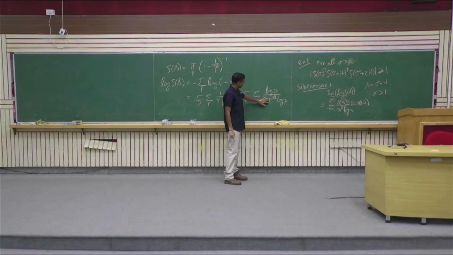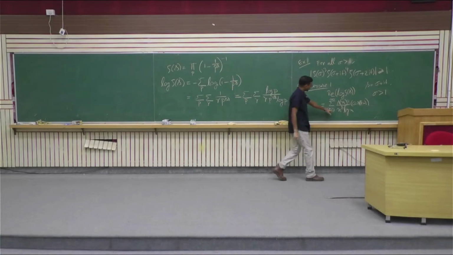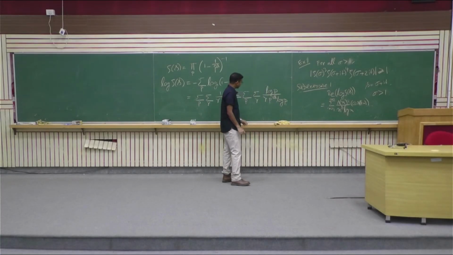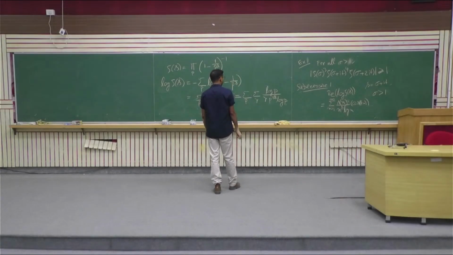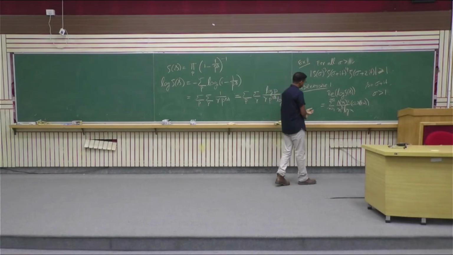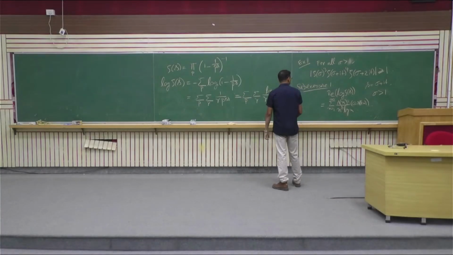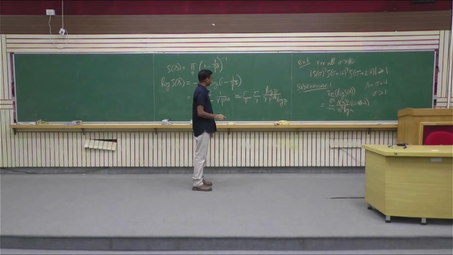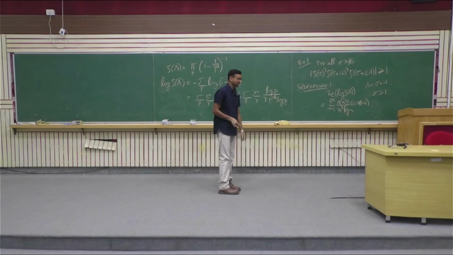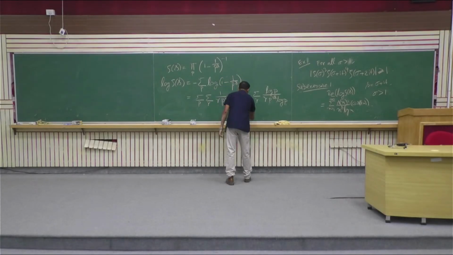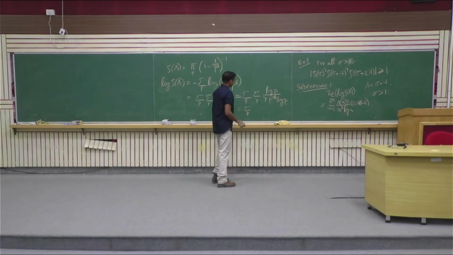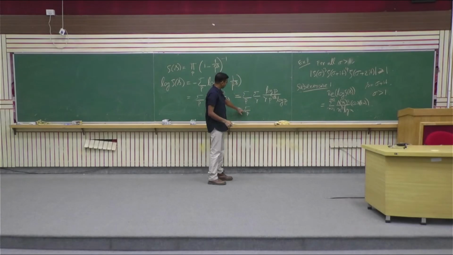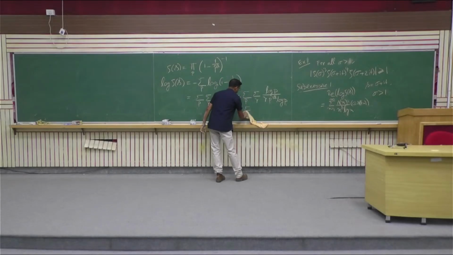I note that this is just n power s. Then we can write this as sum over p, sum over n, actually just the von Mangoldt function.